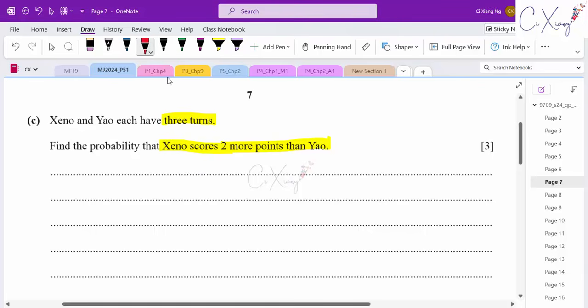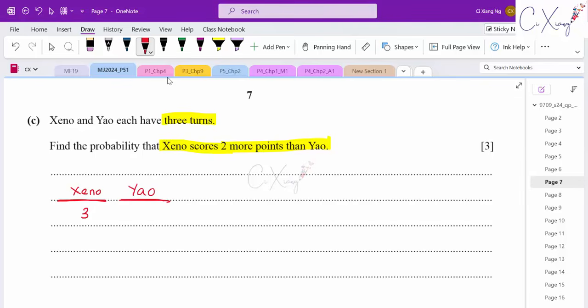So we have to figure out the possible cases where X scores 2 points more than Y, with 3 turns in total. If Zeno scores 3 points in 3 turns, then for X to score 2 more points than Yao, Yao might be getting only 1 point in this case. So 3 minus 1 is 2.